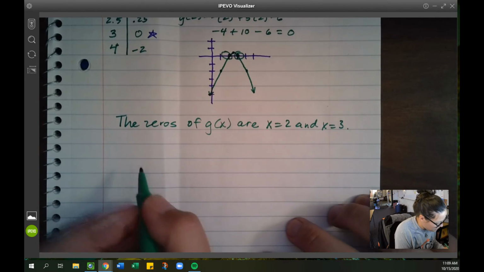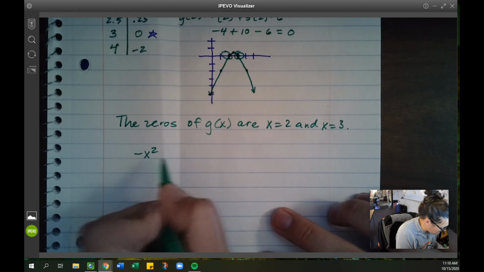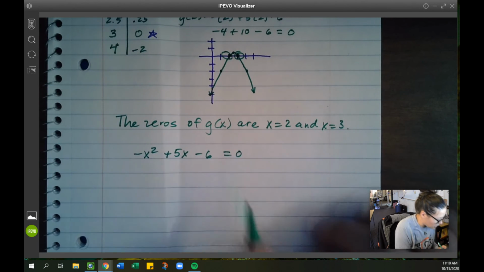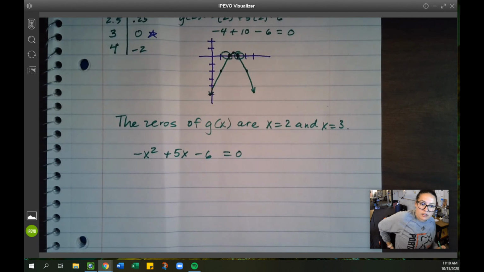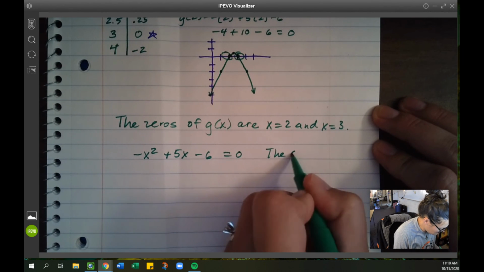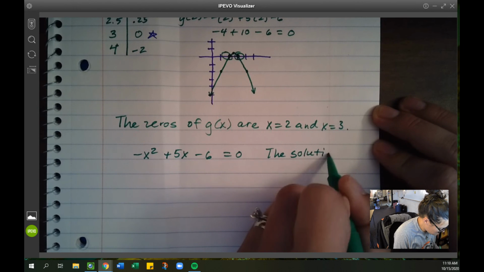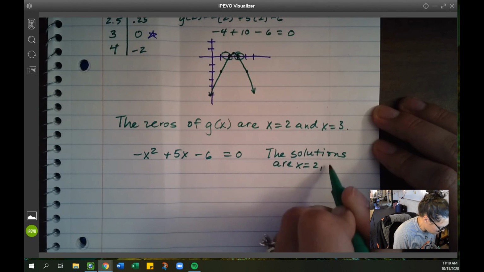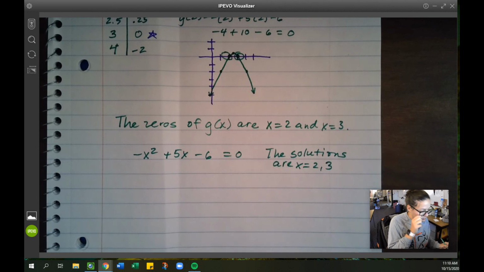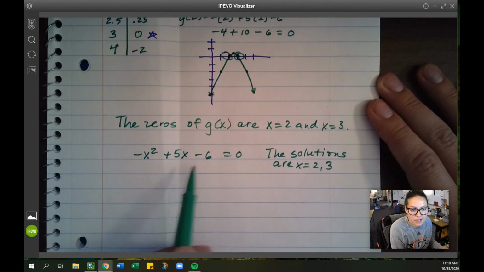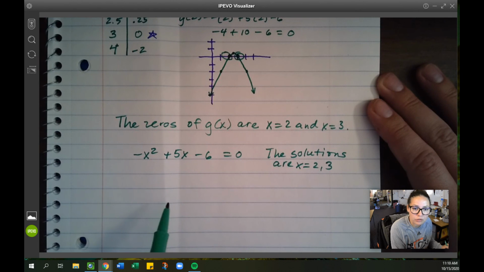That means if I had the equation negative x squared plus 5x minus 6 equals 0, the solutions are x equals 2 and 3. If I replace x with 2 or 3, this equation is going to work out to be true.